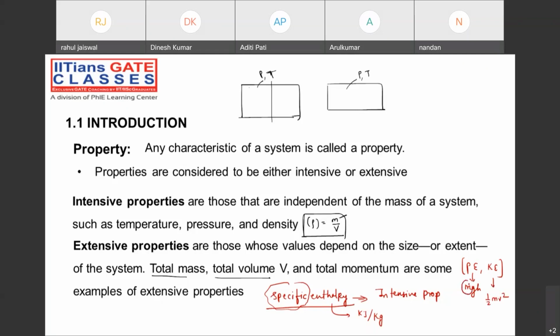They depend on mass. So it's also an extensive property. Note down. They are extensive properties. Is it done, all of you?